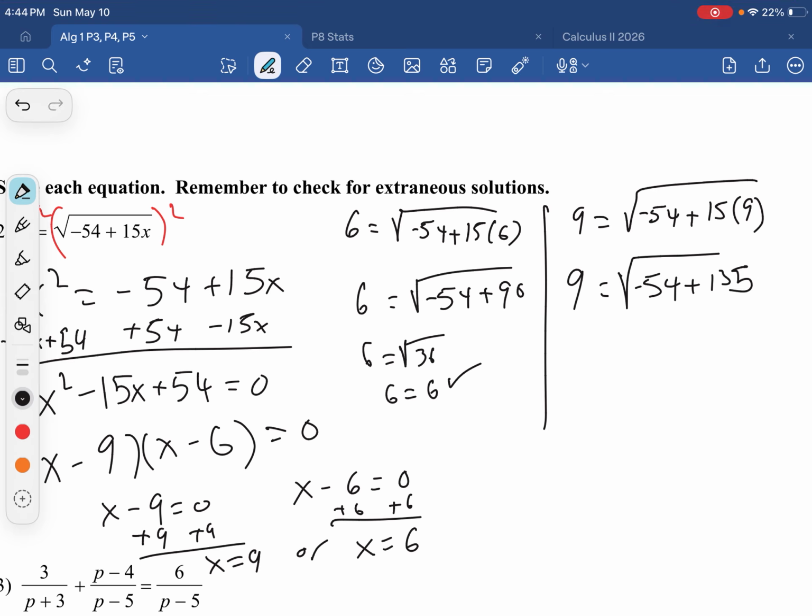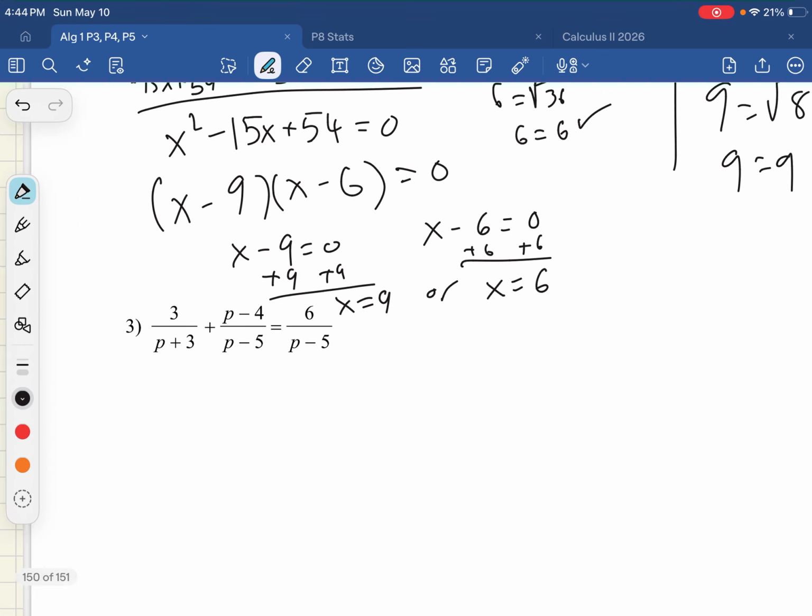If it was 135 minus 55, that would be 80. If it's 135 minus 54, this is 81. So 9 equals 9. So both our solutions work.